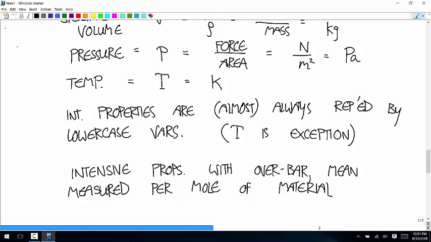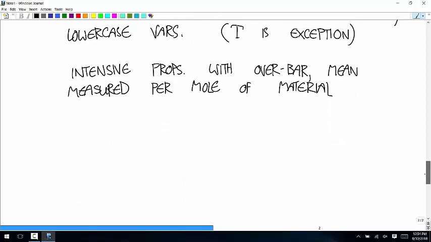It's just another way of breaking it up into a total amount. For example, a lowercase v with an overbar like that is equal to volume per mole.